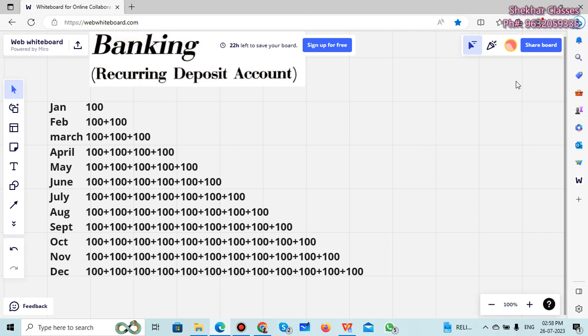How? Because the bank would lend this money to somebody who needs it, and the bank would earn a certain amount of interest from that person or entity who has borrowed it, and it will keep some of the interest that it has earned and give you a certain amount as interest.